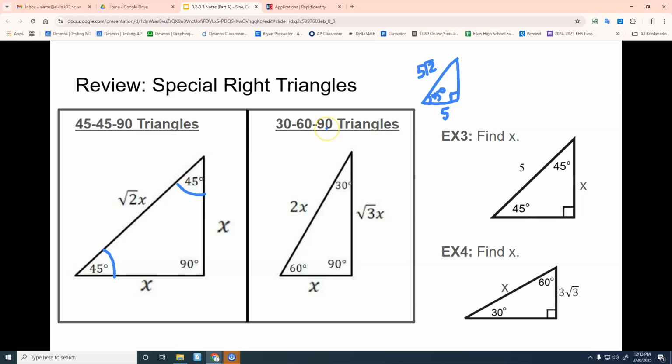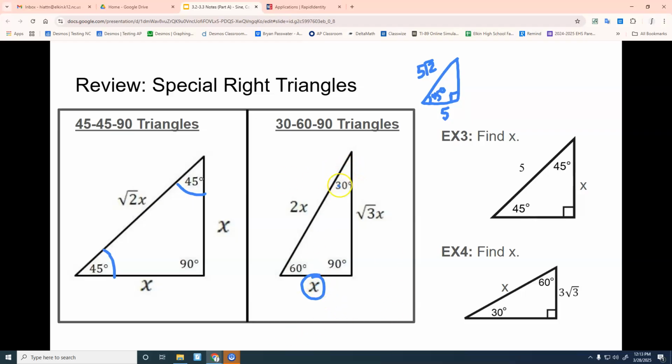30, 60, 90 triangles have a slightly more complicated rule, but still much quicker than working out the regular trig for it. The side you really want to know in a 30, 60, 90 triangle is the short leg. Those two sides that are perpendicular to each other, the sides that are not the hypotenuse, are called the legs of the triangle.